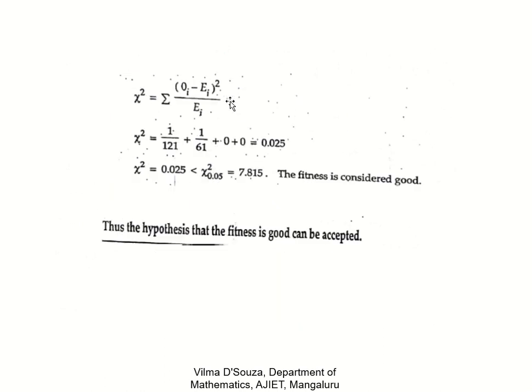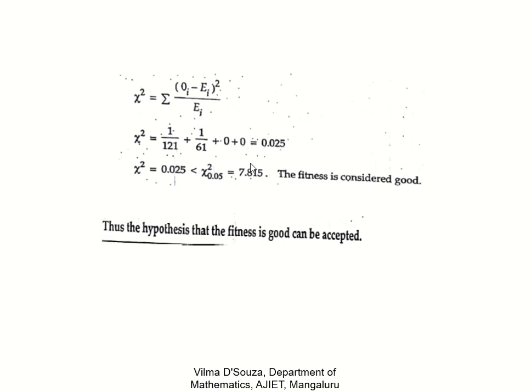Use chi-square. Chi-square is equal to summation of (Oi minus Ei) whole square divided by Ei. So calculate chi-square. You will get it as 0.025, which is less than the tabular value of chi-square. The calculated value of chi-square is less than the table value of chi-square.